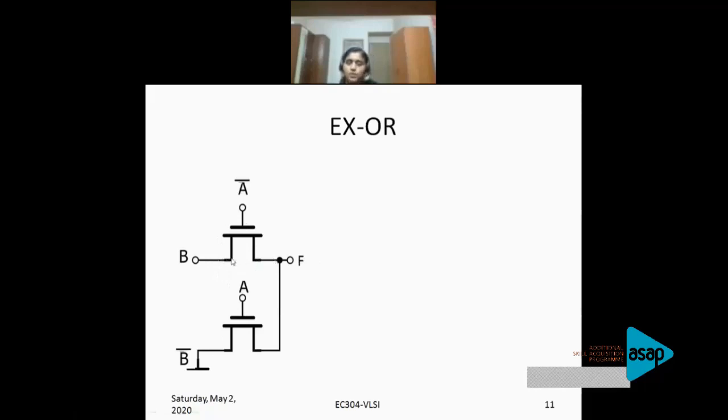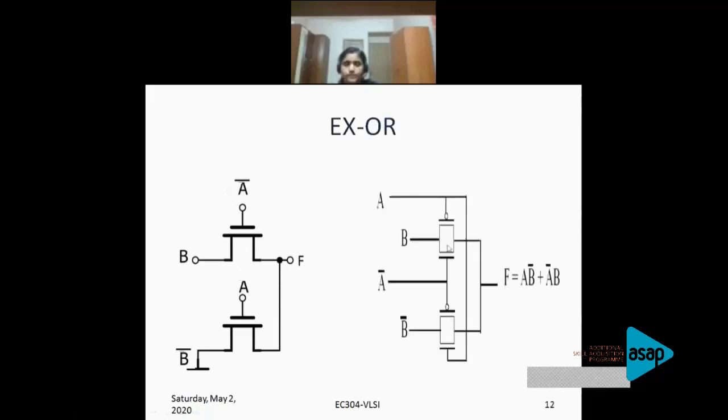You short the input and output, and for the gate signal, the idea is that whatever gate value you have given for the NMOS, you complement that value and give it as the gate value to the PMOS. So if you see here, this is the corresponding transmission gate implementation of an XOR gate. So what happens here for B? This is B dot A bar.